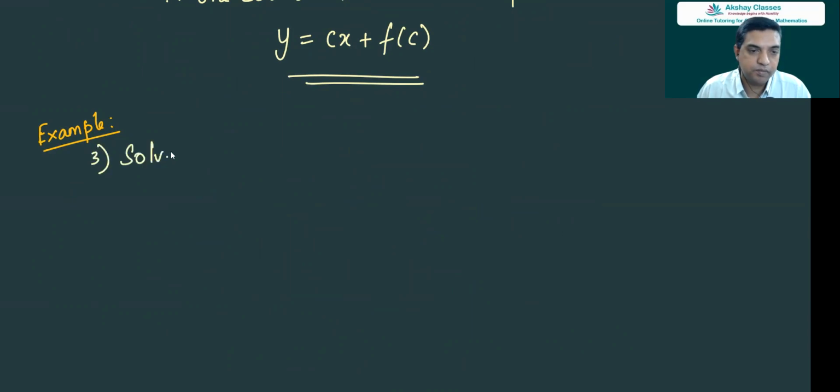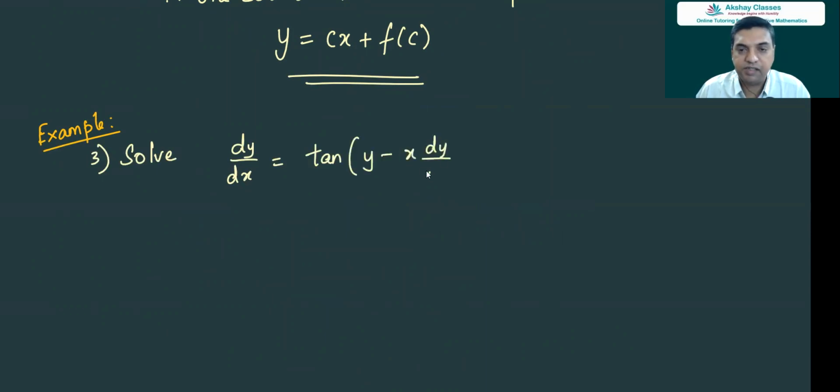Solve dy by dx is equal to tan of y minus x dy by dx. Now it is not directly a Clairaut's equation, but thoughtfully you take a tan inverse both sides.